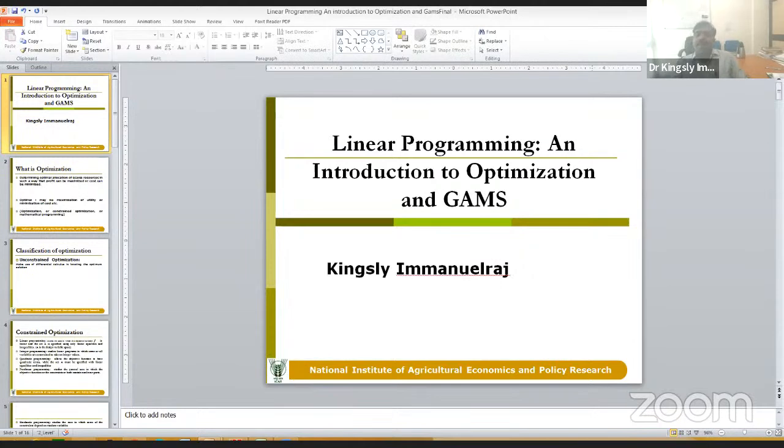How can he maximize? Allocate area under the profitable crop such that his total revenue will be maximum. Where the profit is more and the resource requirement is less, he allocates more. Where there is less profit and more resource requirement, allocate less. This is the simplest way to say it.